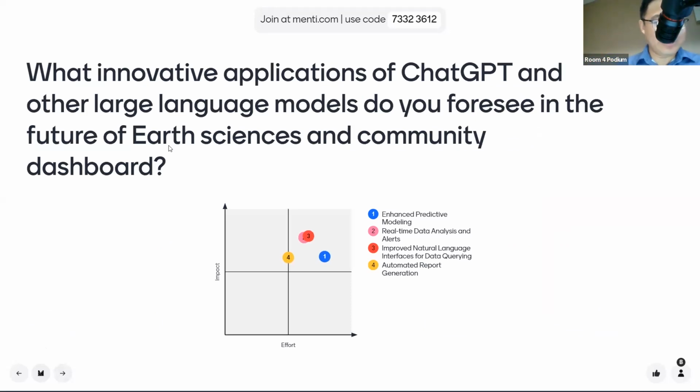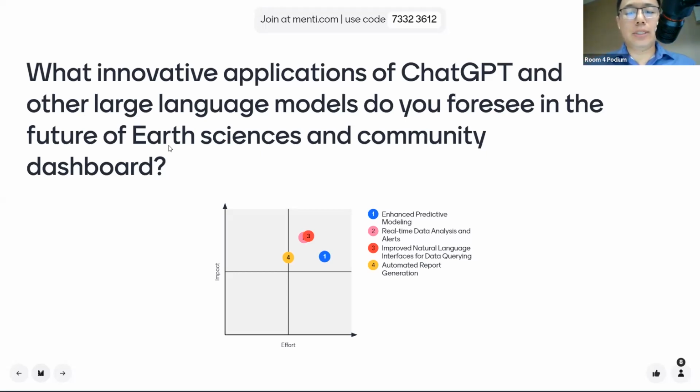Okay, so this one is: what innovative applications of ChatGPT and other large language models do you foresee in the future of science and community dashboards? The first option is enhanced predictive modeling. The second option is real-time data analysis and alerts.